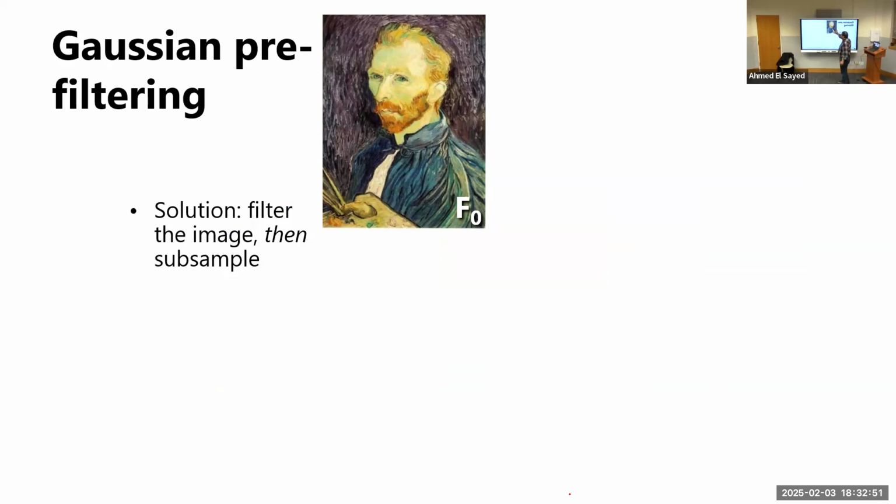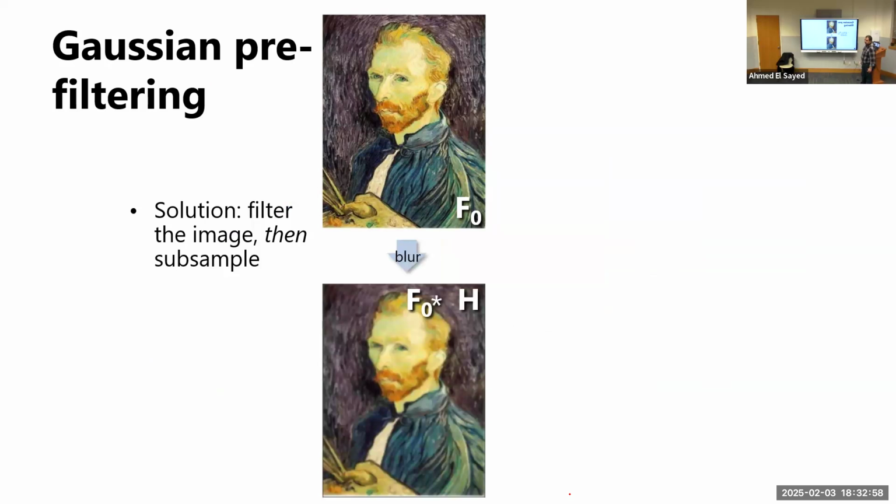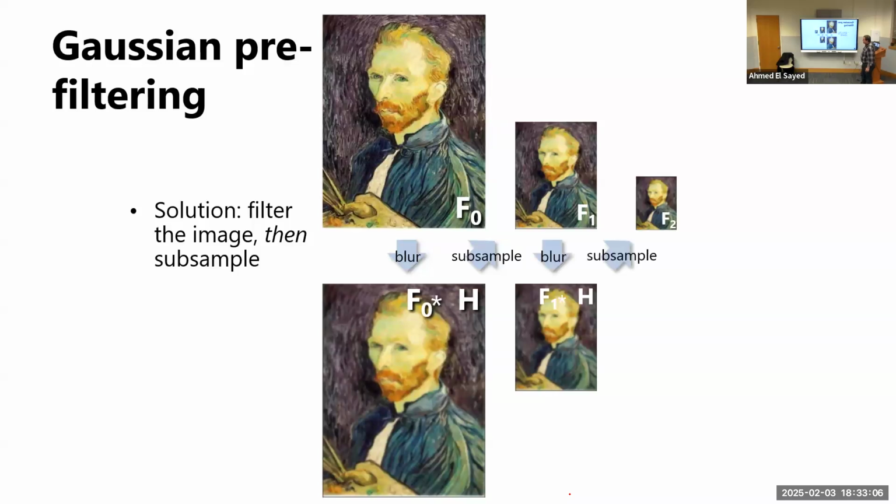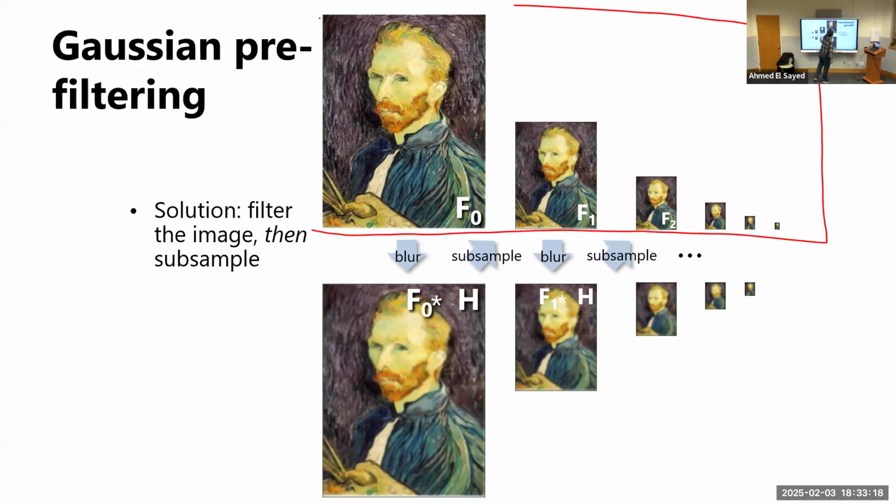If I start with an image, then I apply a Gaussian filter to it, then sample it, then apply a Gaussian filter again, then sample it again, and keep doing this again and again. The versions that we got here are called the Gaussian pyramid.